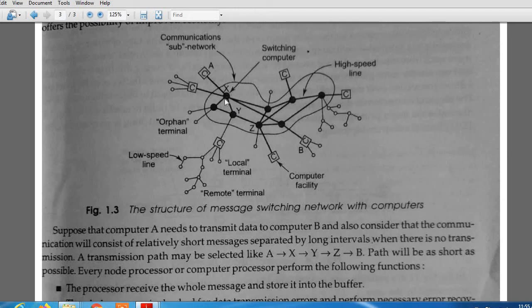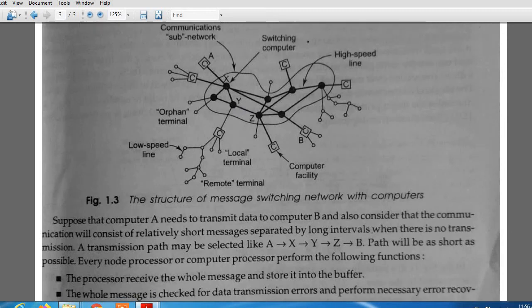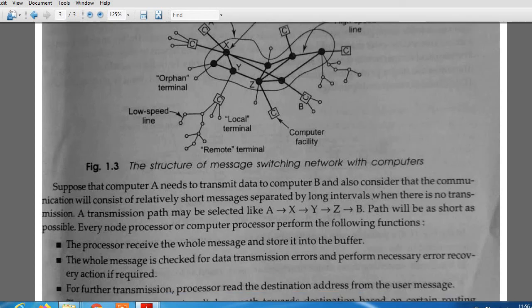At each and every node, it will first receive every message, whatever the source wants to send to the receiver end. After that, it will go for the next step. At each node also, it will check for errors. This is actually how message switching works.